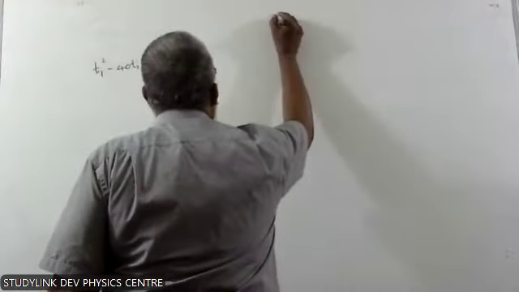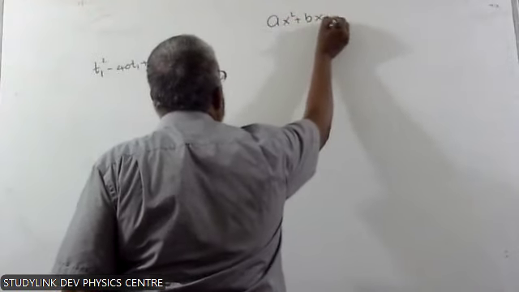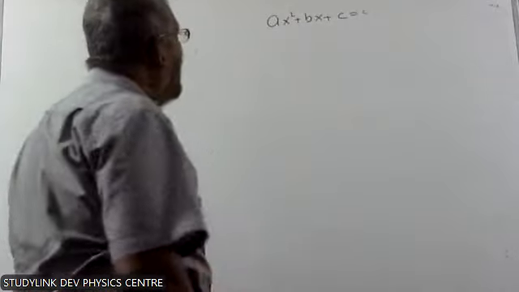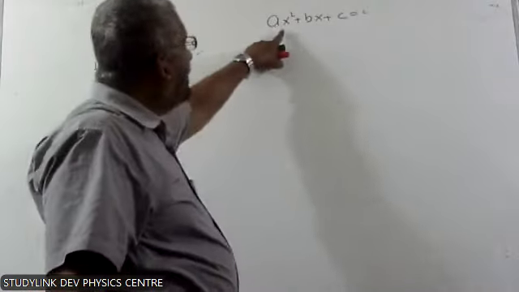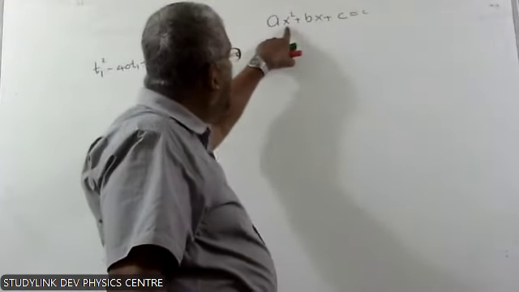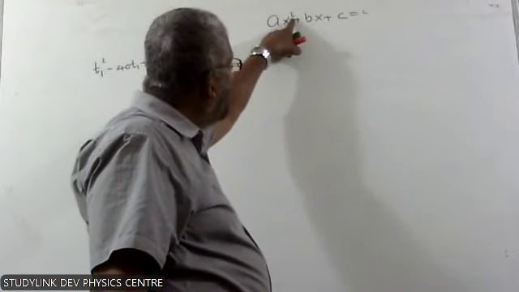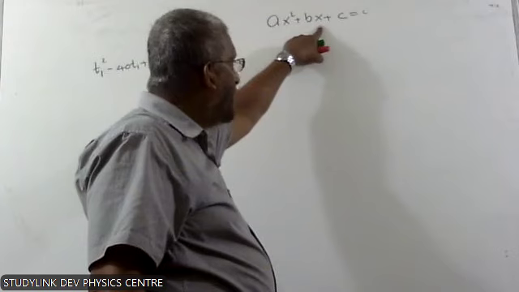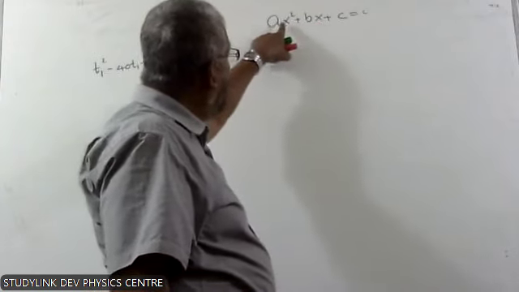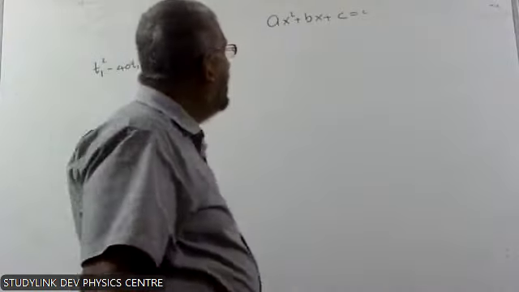Normally, a quadratic equation is ax squared plus bx plus c. Don't worry when I write so many unknowns like that. When there is a power of 2 with an unknown value, even if the other terms are not there, that's a quadratic equation. So if x squared is there, it's a quadratic, but this is a general quadratic equation.